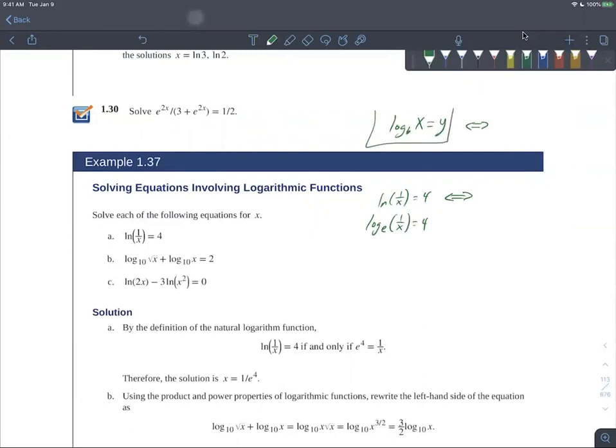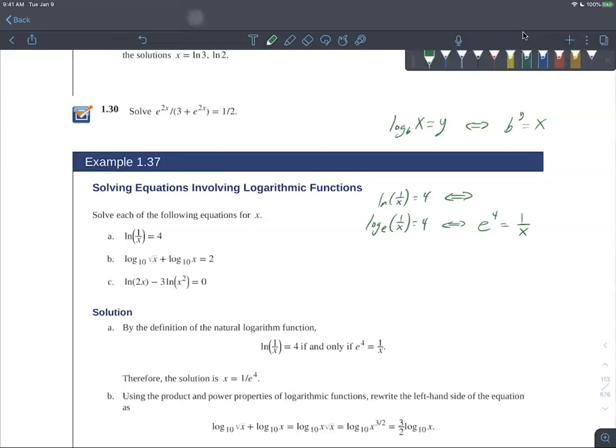Anytime you see a logarithmic equation this simple, it would be a good idea to write it in its equivalent exponential form, kind of just shifting things around. So we're going to equivalently write that as the base of the logarithm raised to whatever's on the other side, which is 4, equals 1 over x.